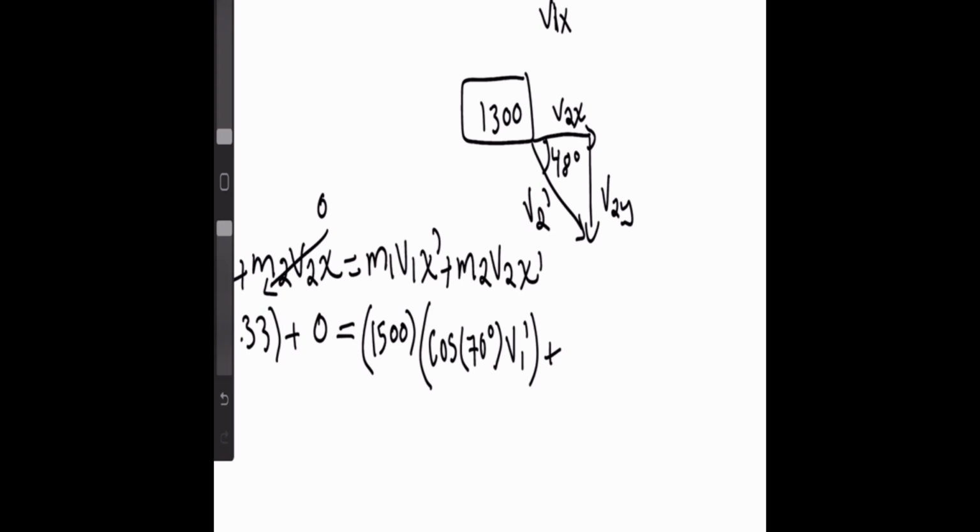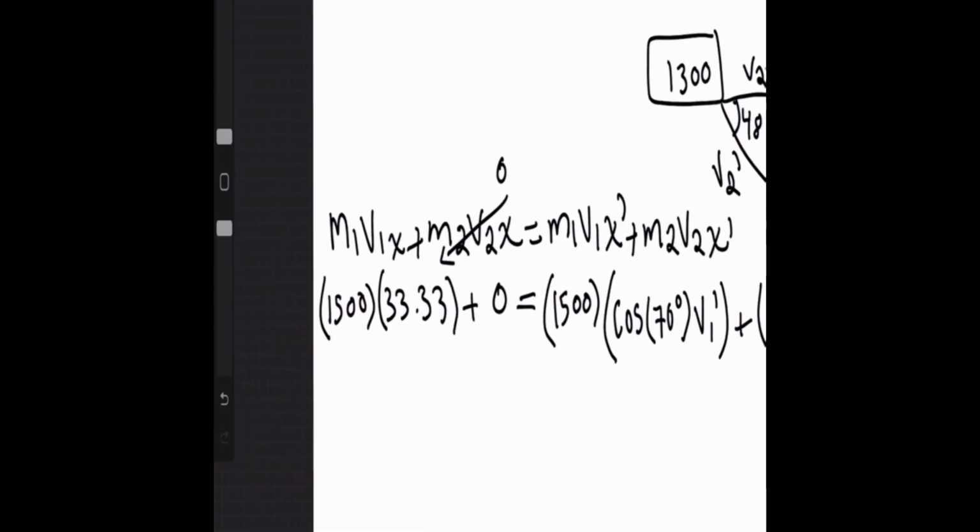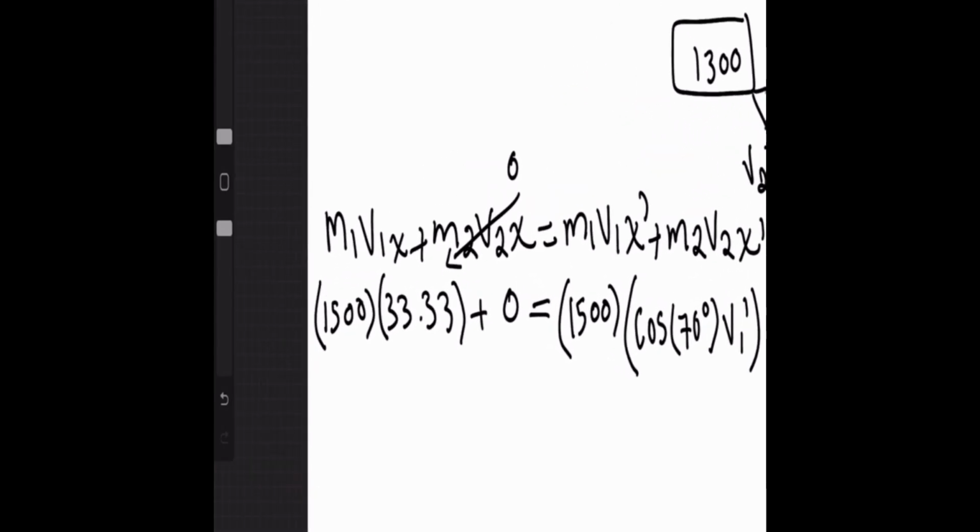And then we will add this to 1,300 times the cosine of negative 48 degrees times V2 prime, because we considered east to be the positive direction, so we will consider south to be in a negative direction. So now we're going to simplify.